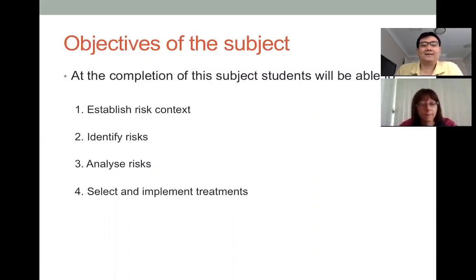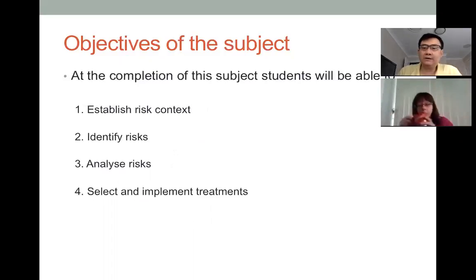So we discussed these objectives of the subject: establish the risk context, identify risk, analyze risk, and also select and implement treatments. We are towards the third and fourth objective after we discussed risk identification in modules 1 and 2.